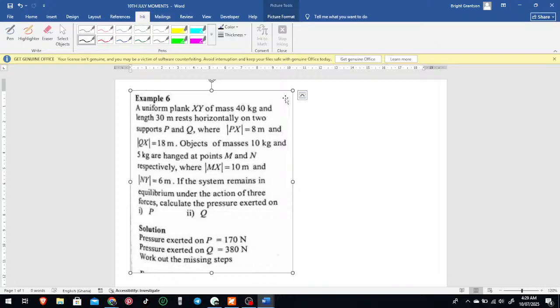Objects of mass 10 kilogram and 5 kilogram are hanged at M and N respectively, where MX is 10 meters and NY is 6 meters. If the system remains in equilibrium under the action of these forces, calculate the pressure exerted on P and Q.